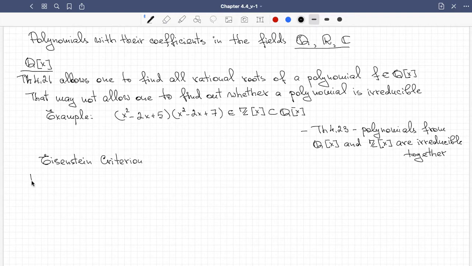given in theorem 4.21. Let a_n x^n plus ... plus a_1 x plus a_0 be a polynomial with integral coefficients.